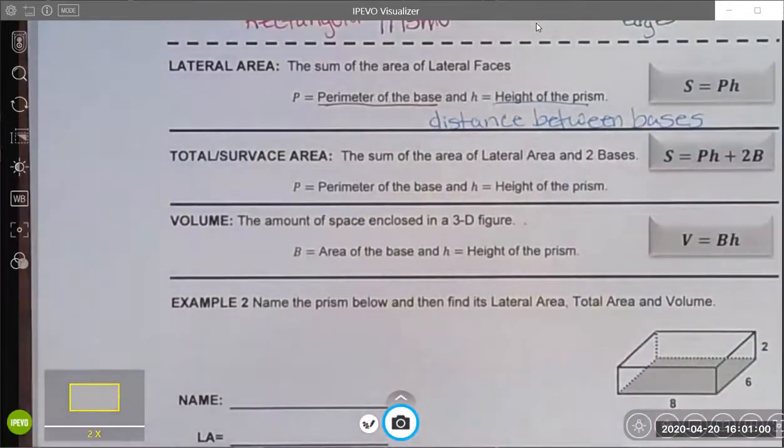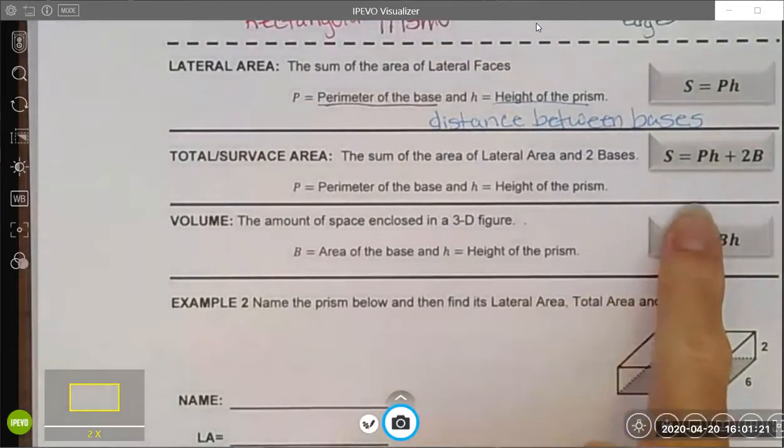The distance between the bases. And that sometimes will get confused with the height of a triangle, the height of a trapezoid, because there are other two-dimensional shapes that have a height. But when we're talking about lateral surface area or total surface area, the H always refers to the distance between the two bases.